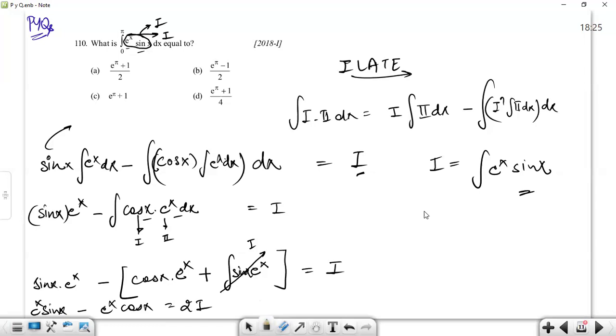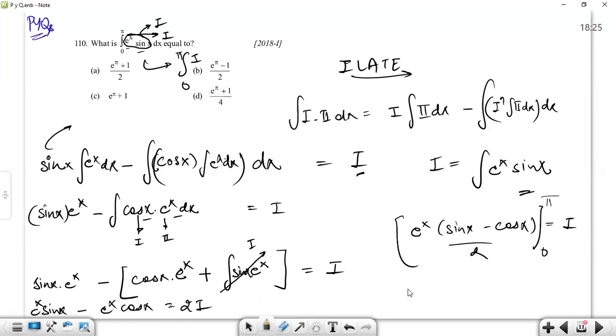So now taking e to the x common, e to the x (sin x minus cos x) divided by 2 is equal to the integration. Now there was a limit on our integration, so applying the limits here also.